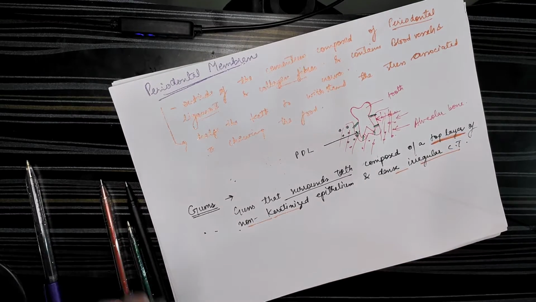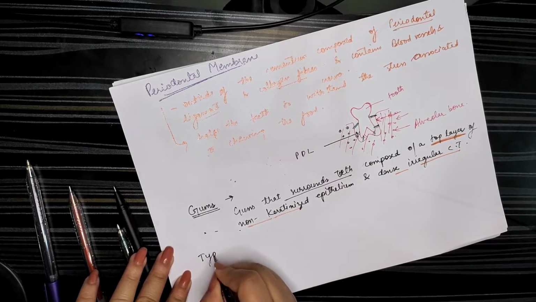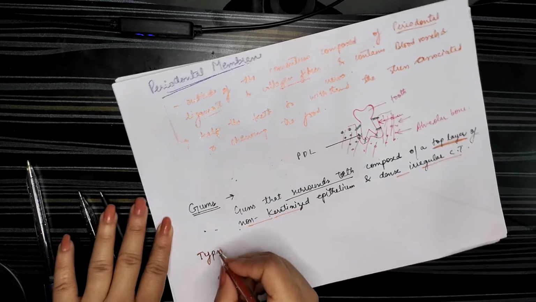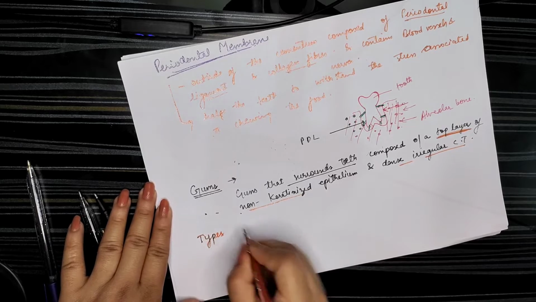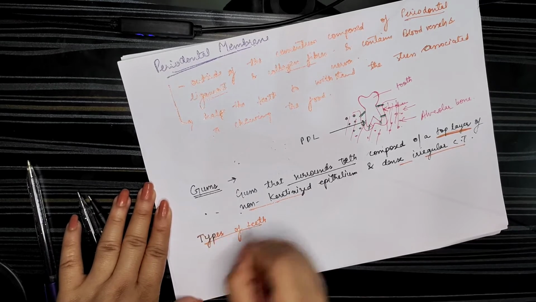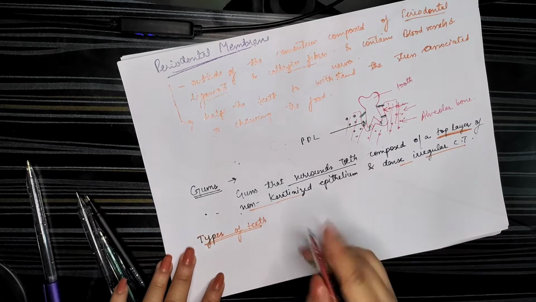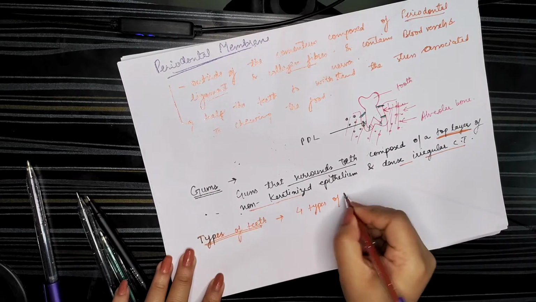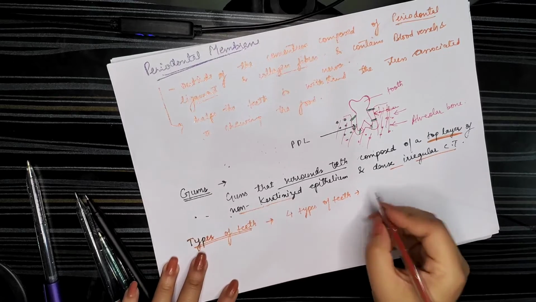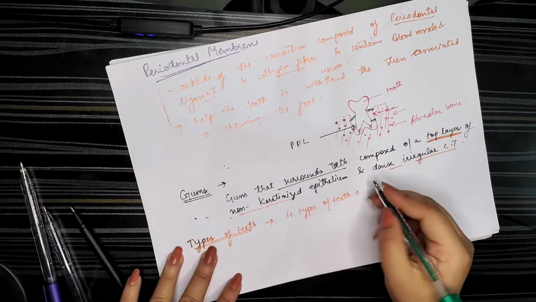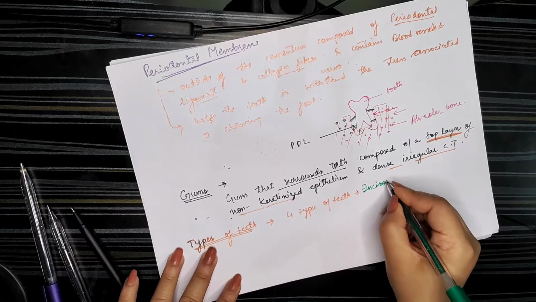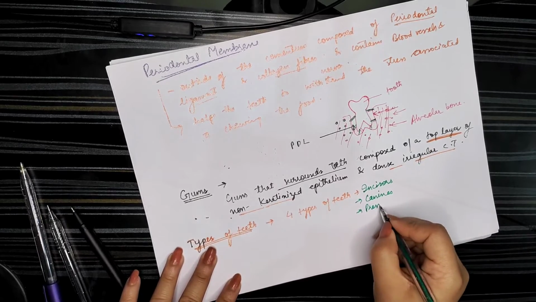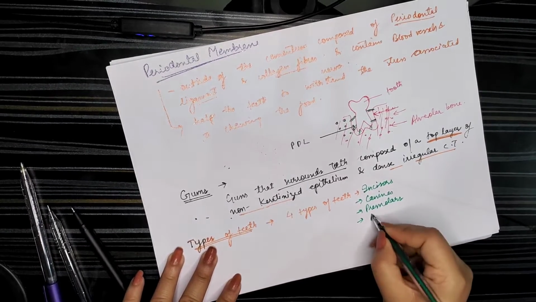what are the various types of teeth? In the human body there are 4 types of teeth, and those are incisors, canines, premolars and molars.